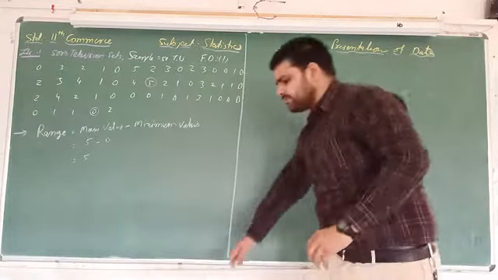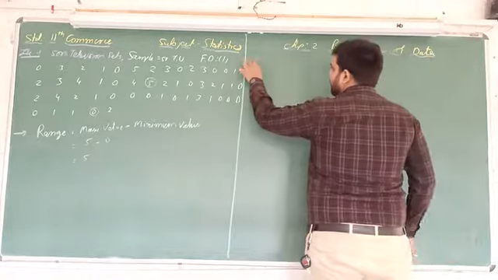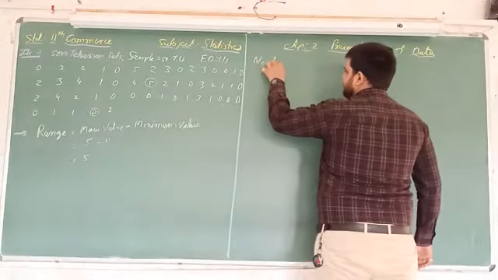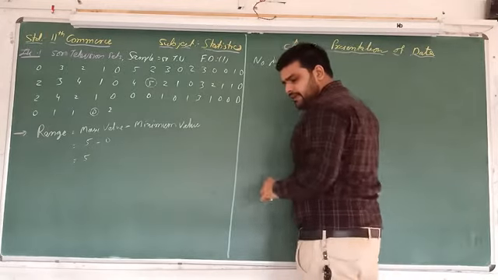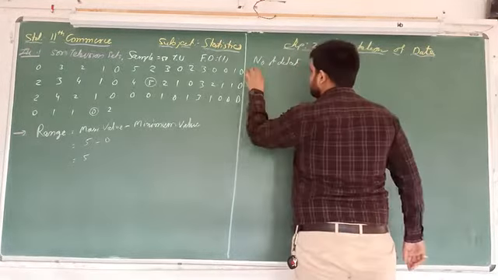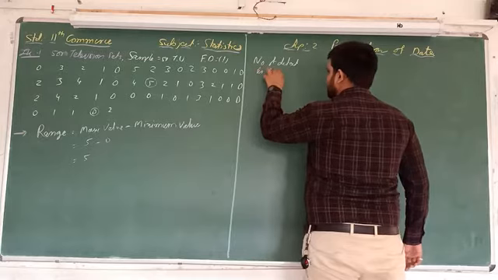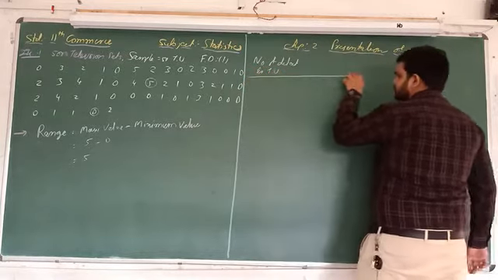So here the first column is number of defects per television, per TV.